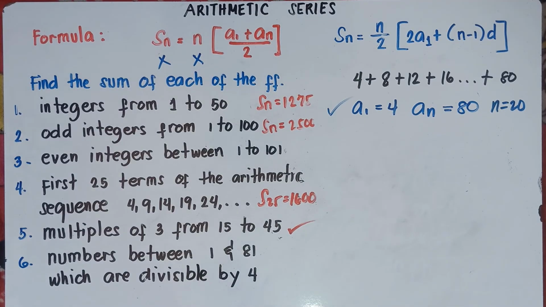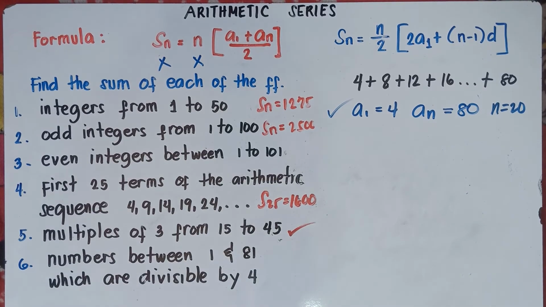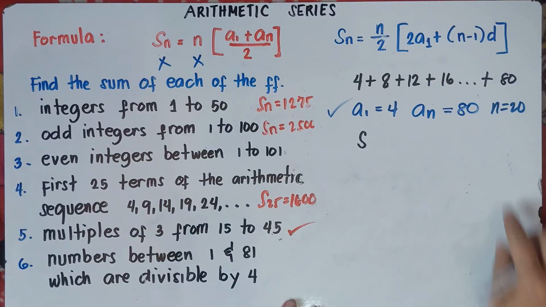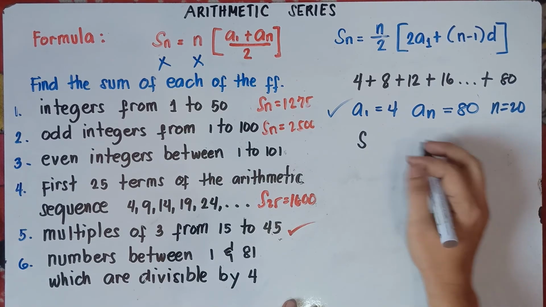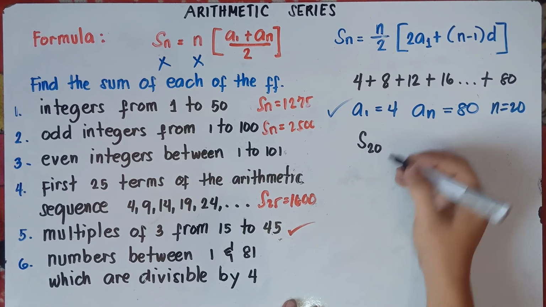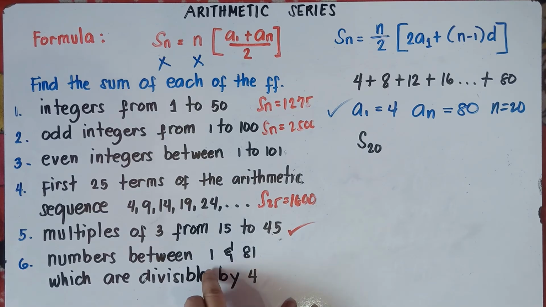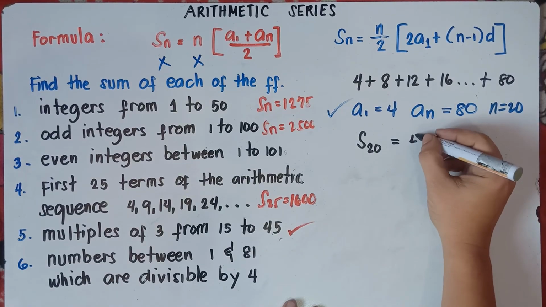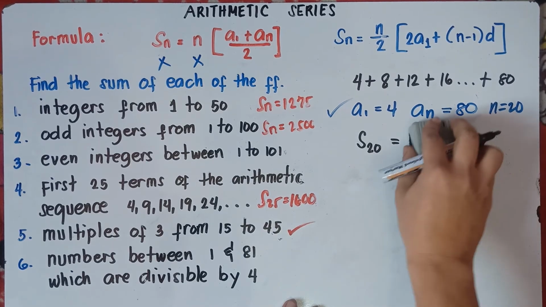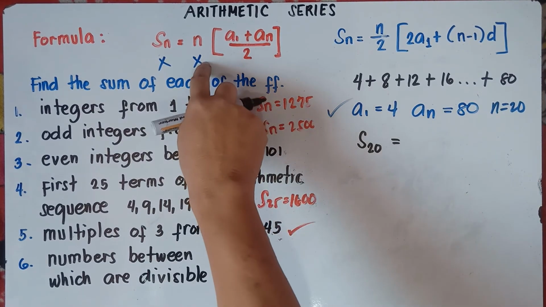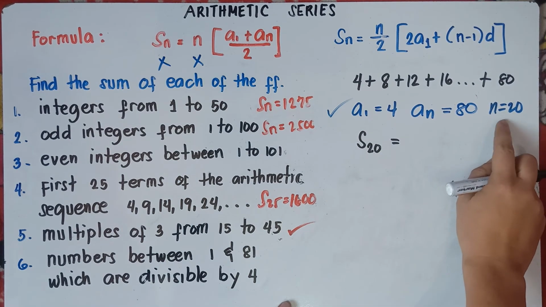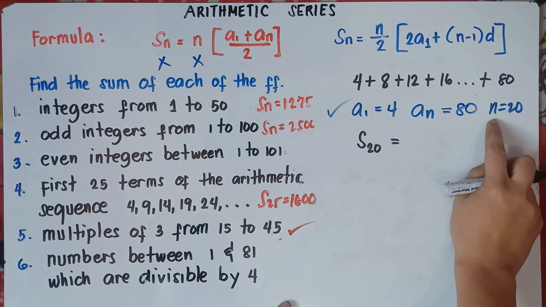So this will be the sum of the first 20 terms which are divisible by 4, between 1 to 81. The first term is 4. I will simply substitute, class, into this formula: S sub 20, because the number of terms is 20, and we're told to find the sum of 20 terms.